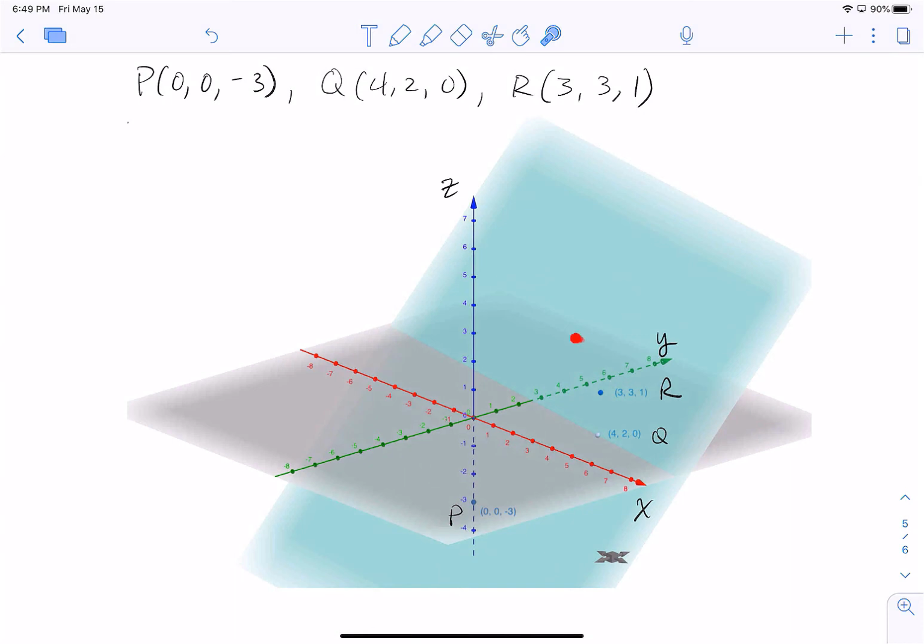Now that that's out of the way, what we're after is a vector that is orthogonal to the plane. So it should meet the plane at a right angle. And that's a tall order if we don't have vectors, but we do. In particular, if we form a vector PQ, and then also form a vector PR, those vectors both exist in the plane that we're talking about.